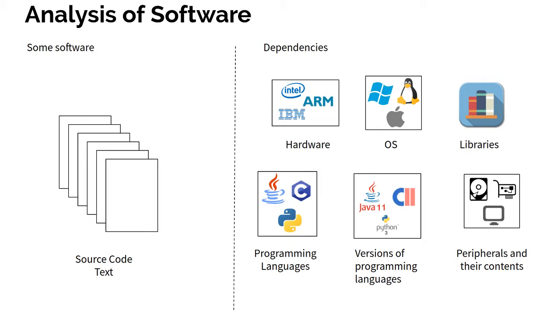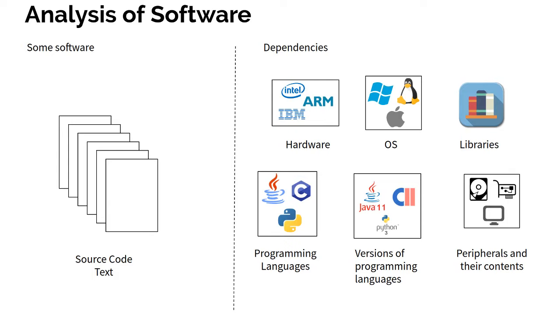To see how Progsbase achieves this, let's do a little bit of an analysis of what software is. Now, a piece of software usually consists of a list of text files with source code in them. This is what the left side of this window shows. Here we have a collection of text files, which includes the source code of some piece of software.